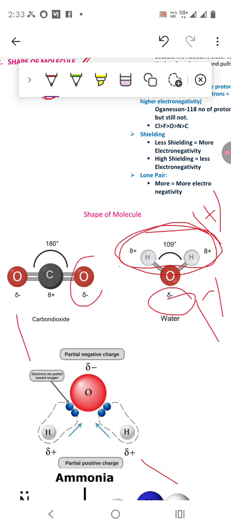But here both ends are the same. Water is bent because of electron repulsion. Had carbon dioxide been bent, it would also become polar in nature.